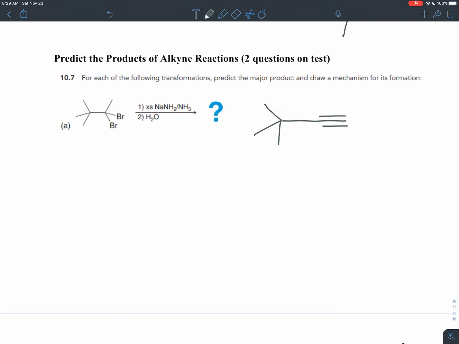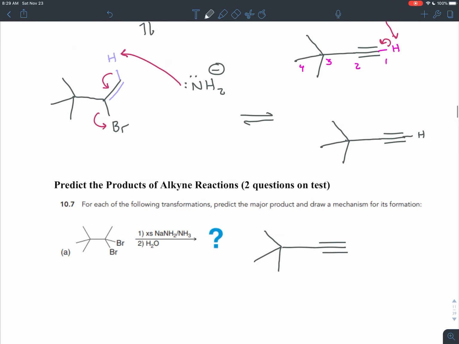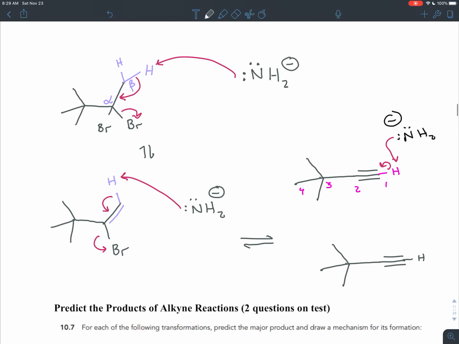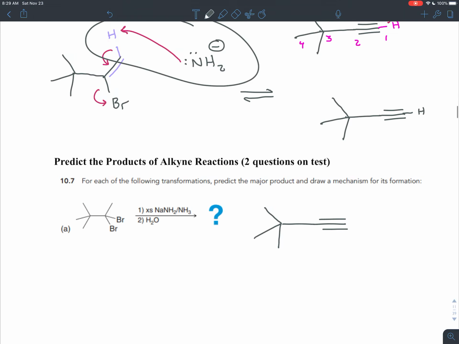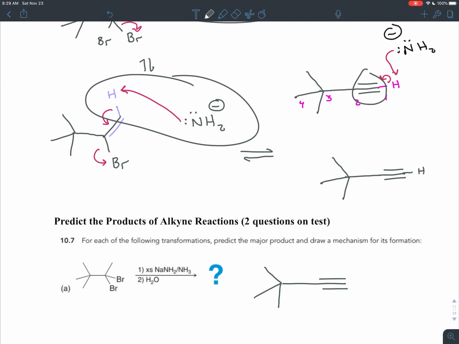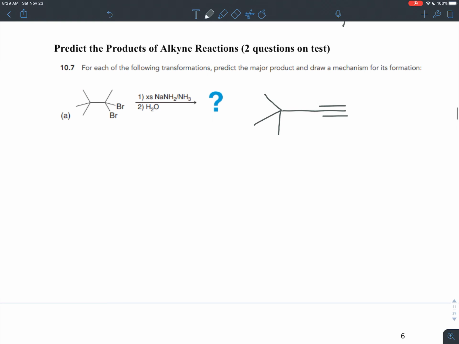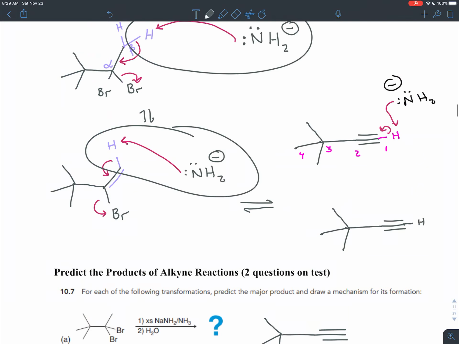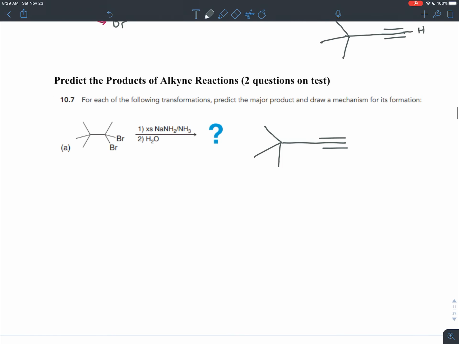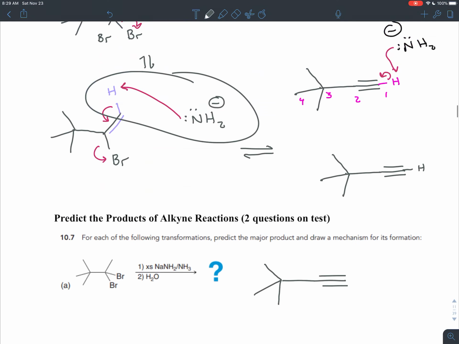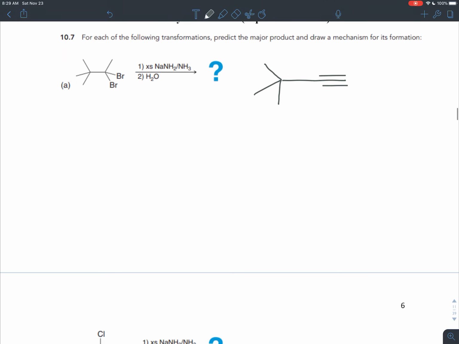And make sure you draw that linear, just like we did above. So it steals the base once, steals it twice, creates the 2 pi bonds in the alkyne. In addition to that, unfortunately, the excess base would steal the hydrogen off of that carbon at the very, very end of the chain, that sp hybridized carbon that has the hydrogen there.